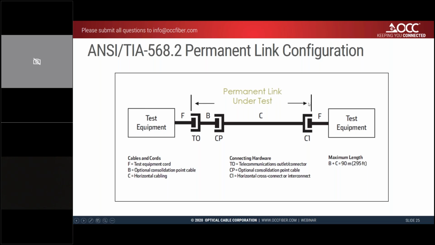Everything between those lines gets tested. When you hit the test button, you're getting data for all the stuff that's in between those lines. All the stuff outside those lines does not get tested. So these items labeled F, which is your test equipment cord, are not part of the test. They won't be included in the results.